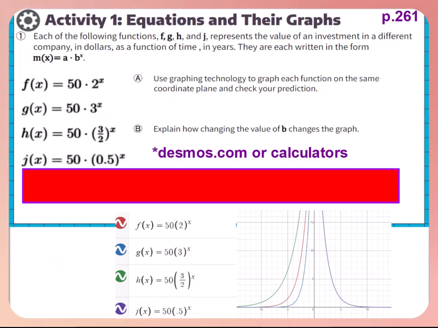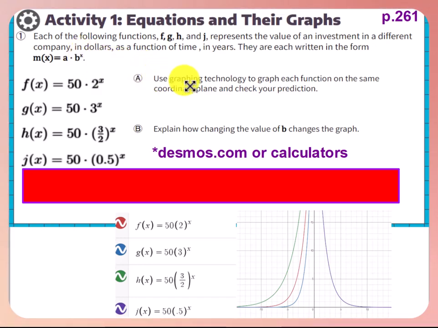All right, turn to page 261, Activity 1, Equations and their graphs. Each of the following functions, f, g, h, and j, represents the value of an investment in a different company in dollars as a function of time in years. They're each written in the form of m of x equals a times b to the x. Remember, a is the initial amount, b is your growth factor, x is our input, and it's going to be our time.